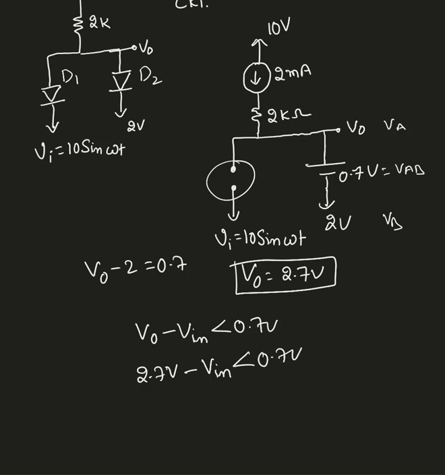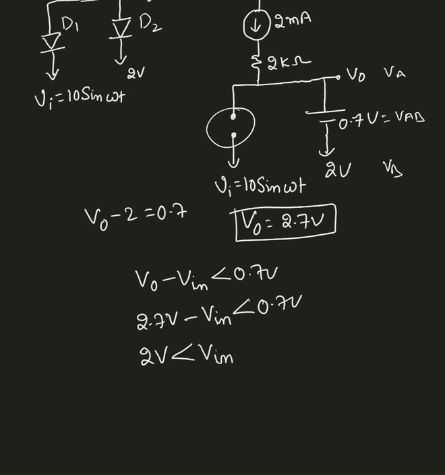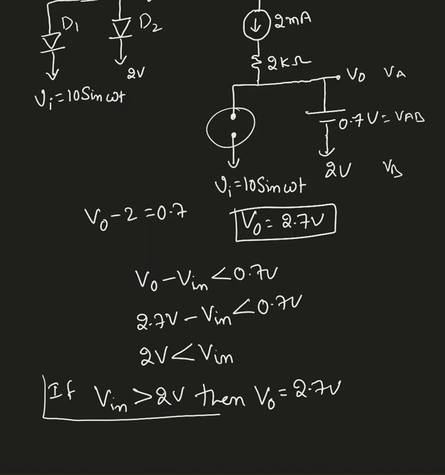If I bring the 0.7 to the other side, 2 volts must be greater than Vn. So basically in this case, if my input voltage is greater than 2 volts, then my output voltage equals 2.7 volts. So this is one condition.